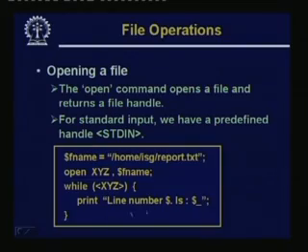Whatever you are reading presently is stored in a temporary variable dollar underscore, and the line number is contained in dollar dot. So, if you look at this program here, it will print all the lines you are reading with a line number, dollar dot.